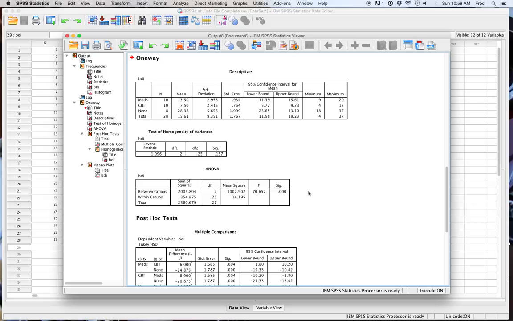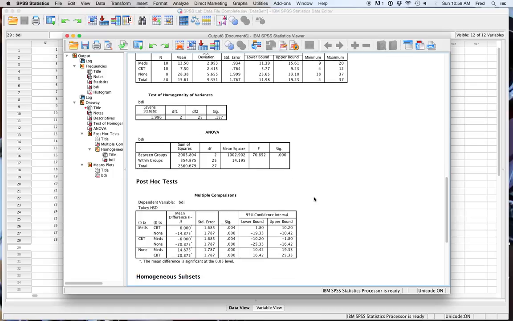I want you to review that information, seek it out, and try and figure out what this means. Does it mean that there is no chance at all of getting an F value this large just because of sampling error, or does it mean something else? Okay? And then if you determine that the ANOVA is significant, even though SPSS will calculate it no matter what, because we told it to, you would really only interpret it if it was significant.